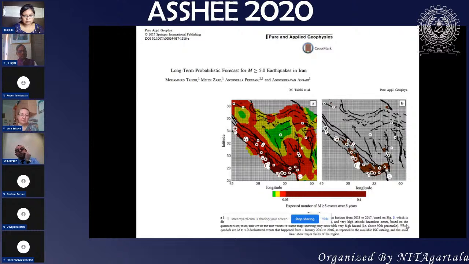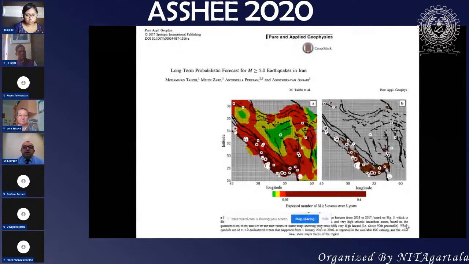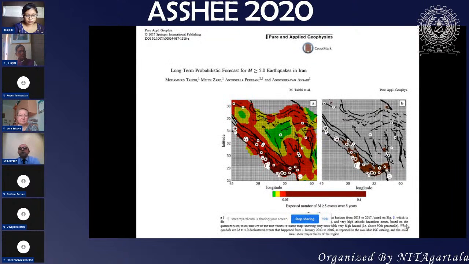in the seismic gaps, and thinking about the short-term probability and long-term probability of earthquakes with magnitude greater than 5, there are some hazardous areas observed very close to the populated centers of the country.